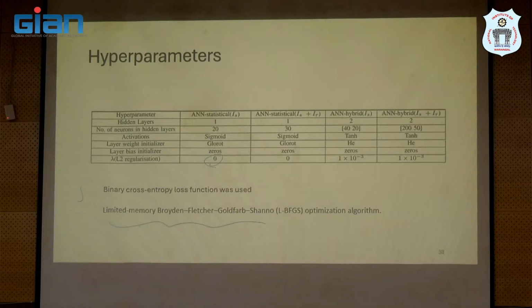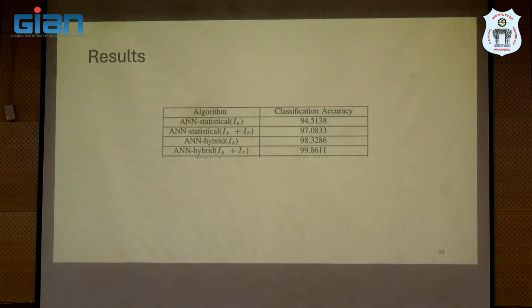So that is why I did not go into the mathematics of backpropagation, because in this research, I'm not bothered about that part. I'm bothered to know what I need to set as hyperparameters. Okay? So when I do that, this is my classification accuracy for healthy and faulty.